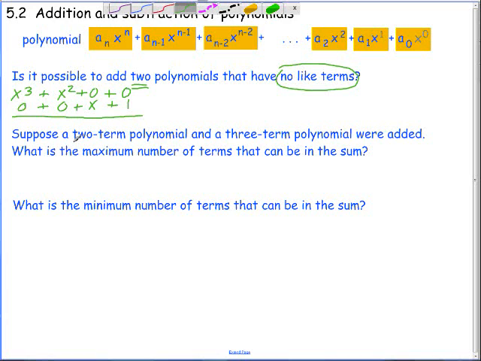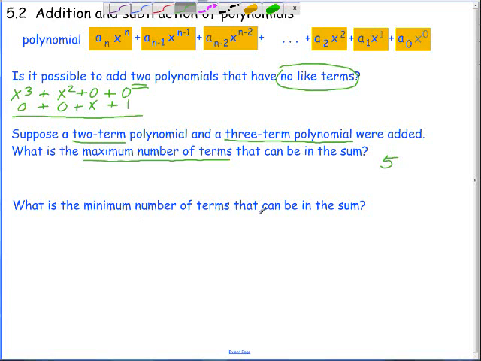Suppose I have a 2-term polynomial and a 3-term polynomial. I'm adding them together. What's the maximum number of terms that I could have in my sum? Well, if I have no like terms between these two, that's right, 5.